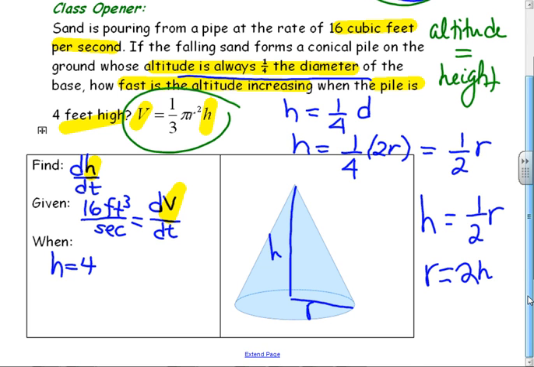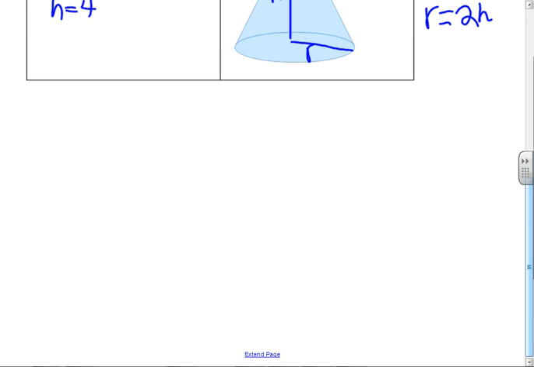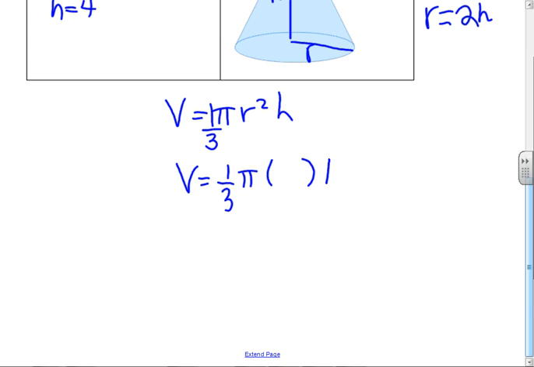Substituting it into my formula, and like I gave it to you here, they will give you that formula on the exam. So V equals the cone, 1/3 pi R squared H. So I'm going to go ahead and substitute in R and square it. What's R? It was 2H. Ask questions. Are we all here at least? What should you do with that? Should you take the derivative now?